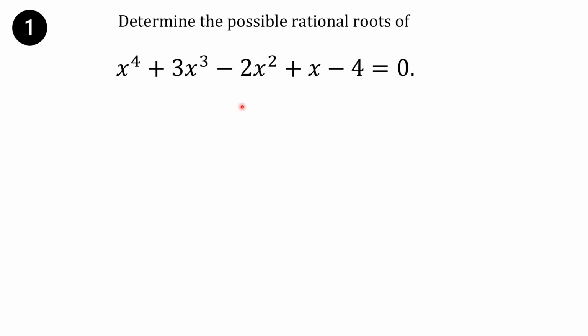Example number 1. Determine the possible rational roots of x raised to 4 plus 3x cubed minus 2x squared plus x minus 4 equals 0.